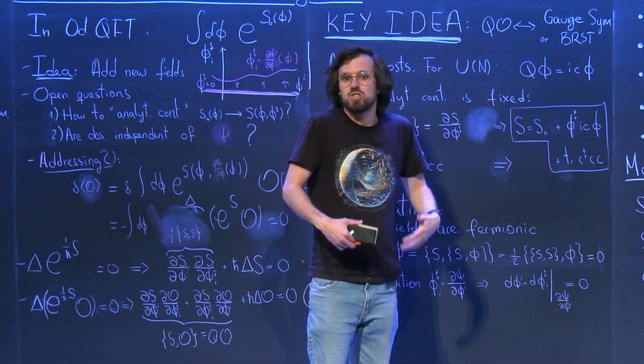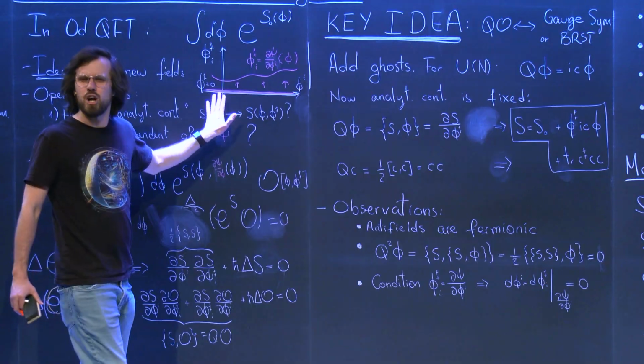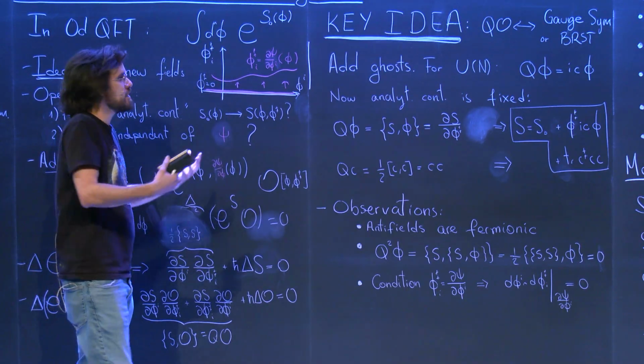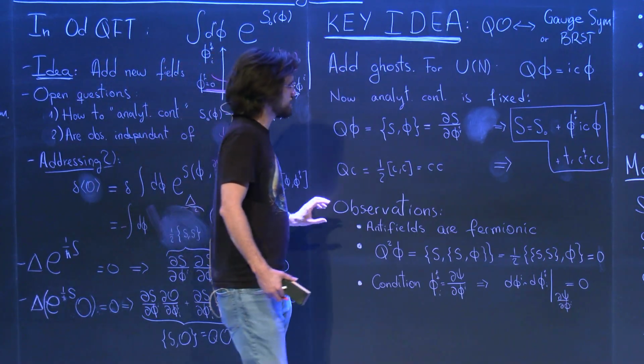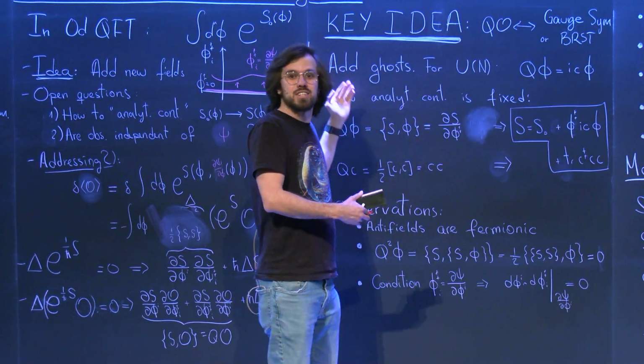So that's what we stumbled upon. We have that we must introduce these, it turns out, fermionic directions. And, well, it is what it is. If we do so and we pair it with this technology, we find a way to construct observables that are invariant under these deformations.